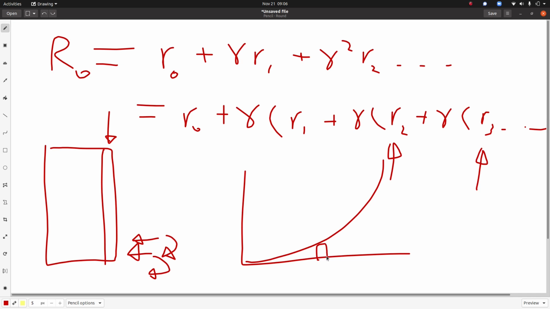These terms actually do come from economics, by the way. If this is the present time, these are your rewards for working on that day. The interest rate tells you how much you would have to be paid in the future to feel like it was equivalent to being paid the lower amount today. And that's what we call the discount factor, gamma.